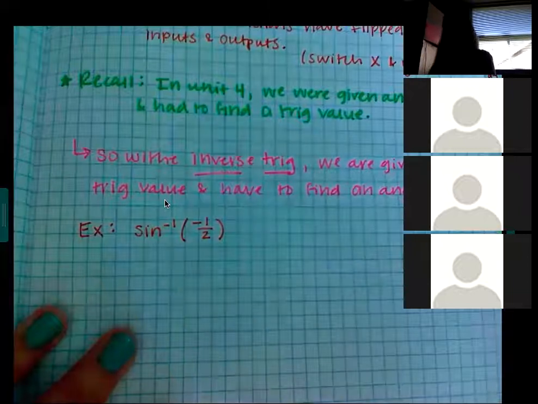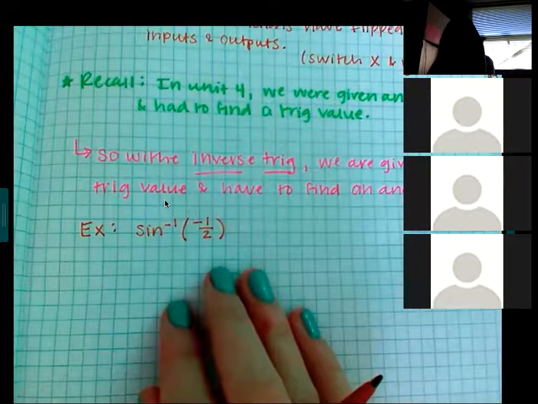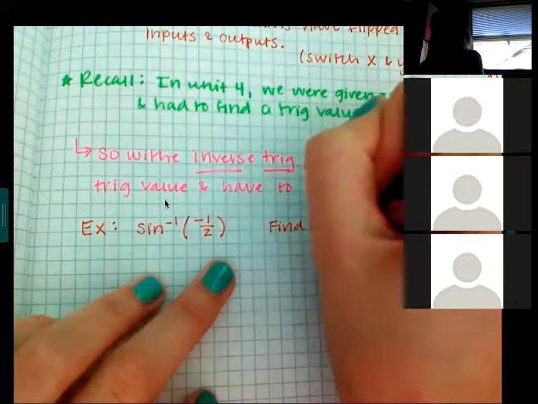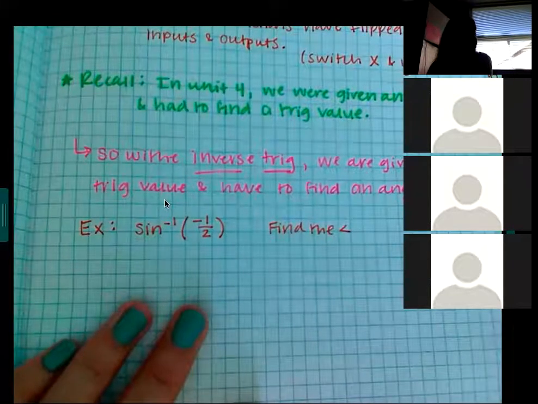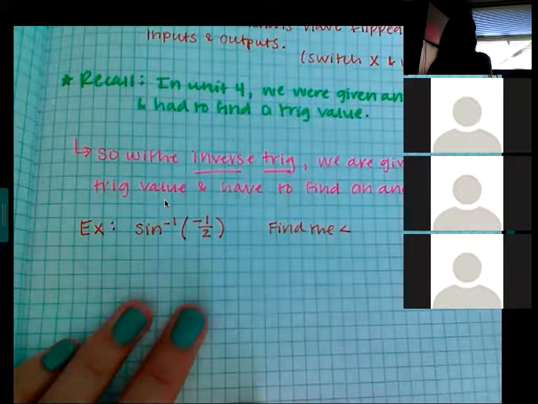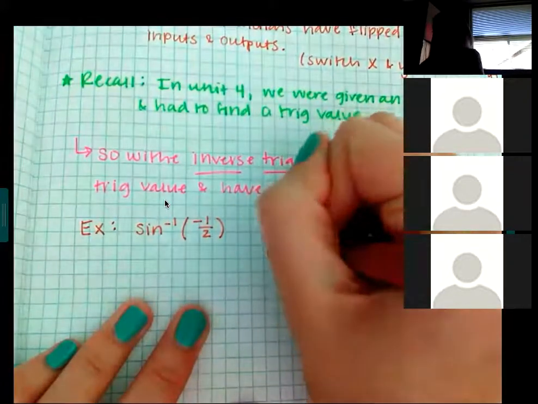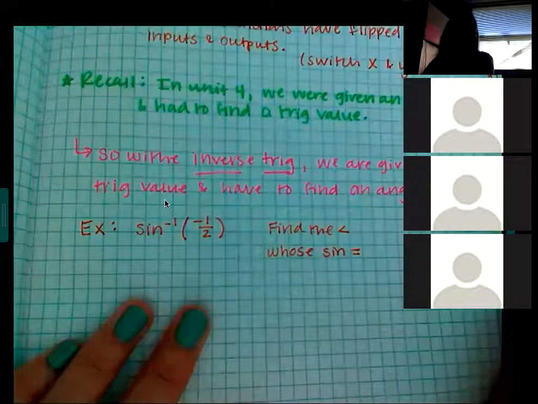So let's talk about what this means. What are we trying to find? The angle. So you would look for, find the angle. I'm just going to do the symbol. I'm going to leave some room. Whose sine equals what?